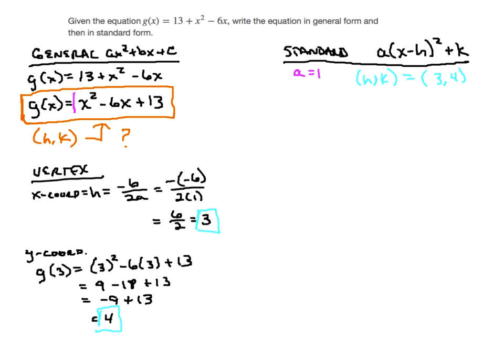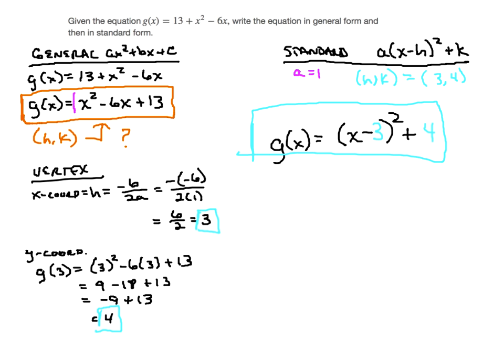Now all I have to do is plug it into the form. So the standard form is g of x equals, I'm not going to write 1, it's understood to be there, x minus 3 squared plus 4. There's the general form, the standard form of my equation.